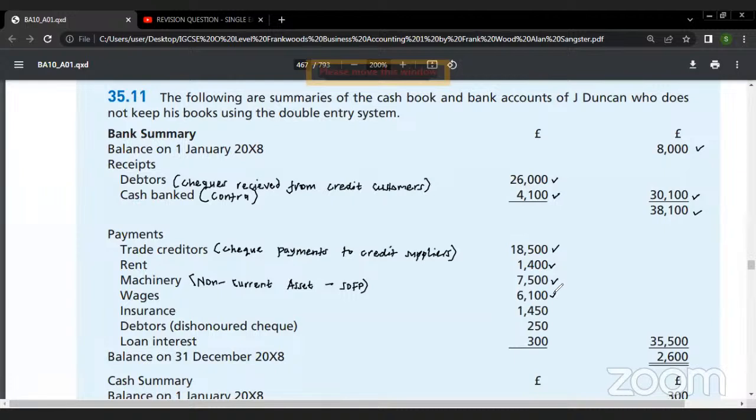Then we have wages of 6,100. What else do we have in this case? We have insurance, which is 1,450. Then in addition to the insurance, you have dishonored checks.